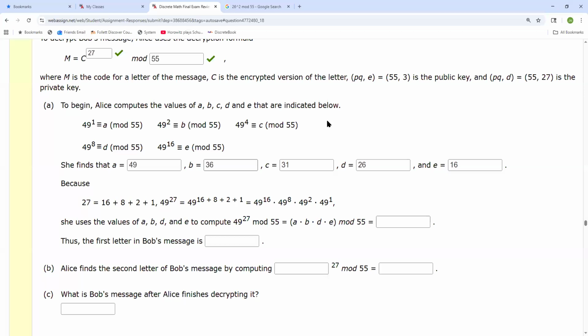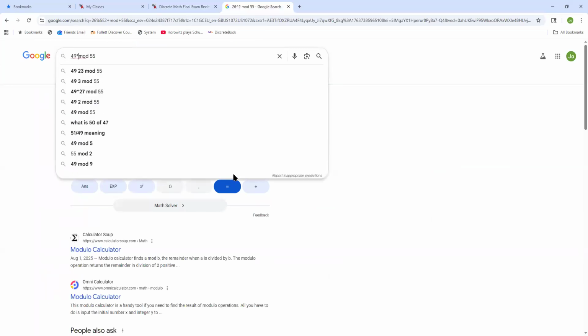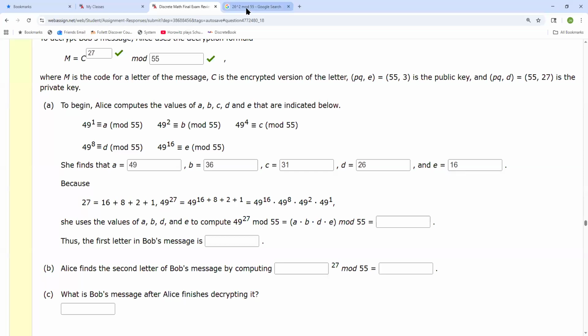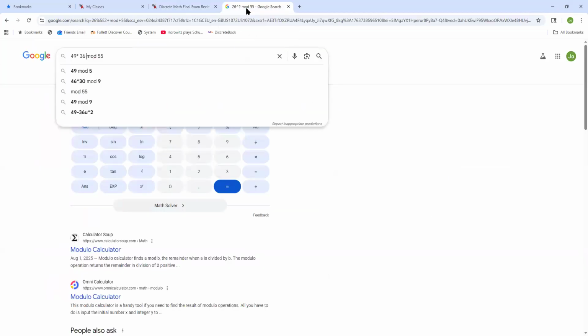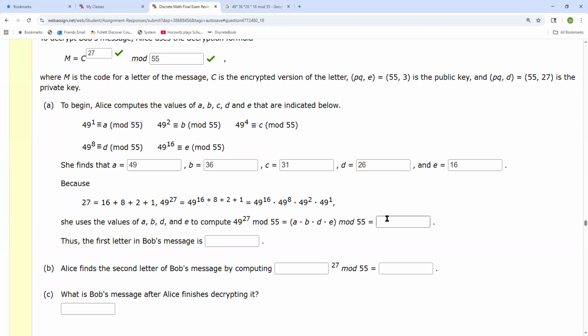So what is 49 times 36 times 26 times 16 mod 55? It would be 14. So it equals 14.